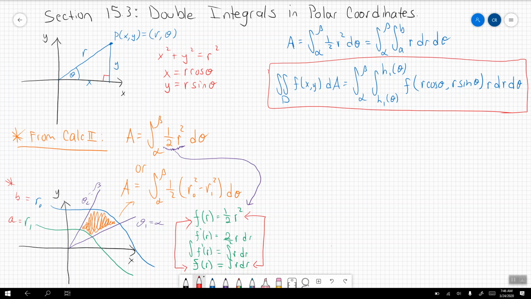And typically, anything that we can parameterize using polar coordinates, we want to go ahead and use these double integrals set up in polar coordinates. So it's going to be very important for us to observe the domain for these functions.